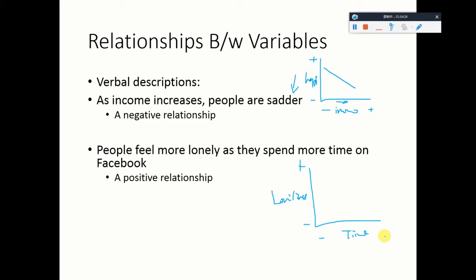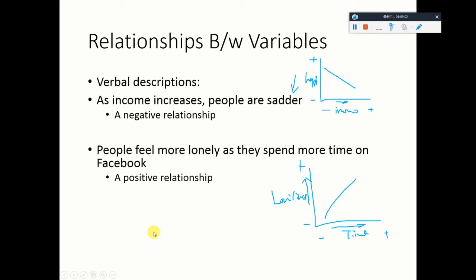No time spent on Facebook, lots of time spent on Facebook. So I switched the place of these two variables, but they're the same, right? Whether I place time here or here doesn't matter. So it says people will feel more lonely as they spend more time on Facebook. It's a line like this. So it's a positive correlation.